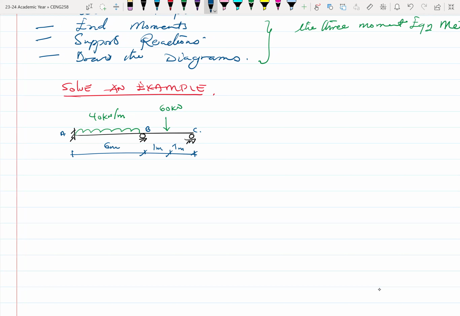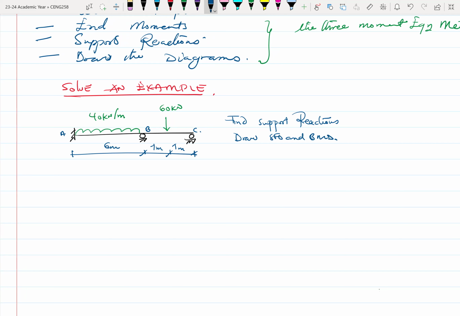So the goal is to find support reactions, the typical questions. Then we draw shear force and bending moment diagrams.